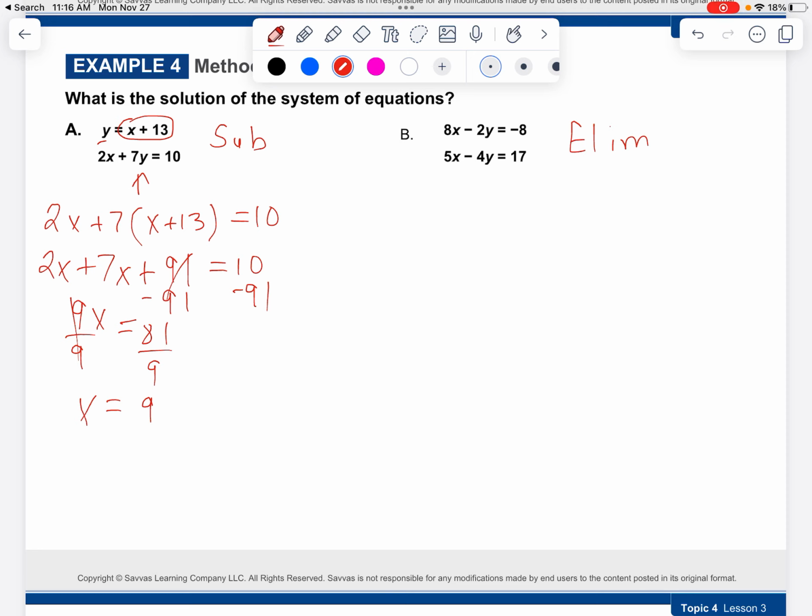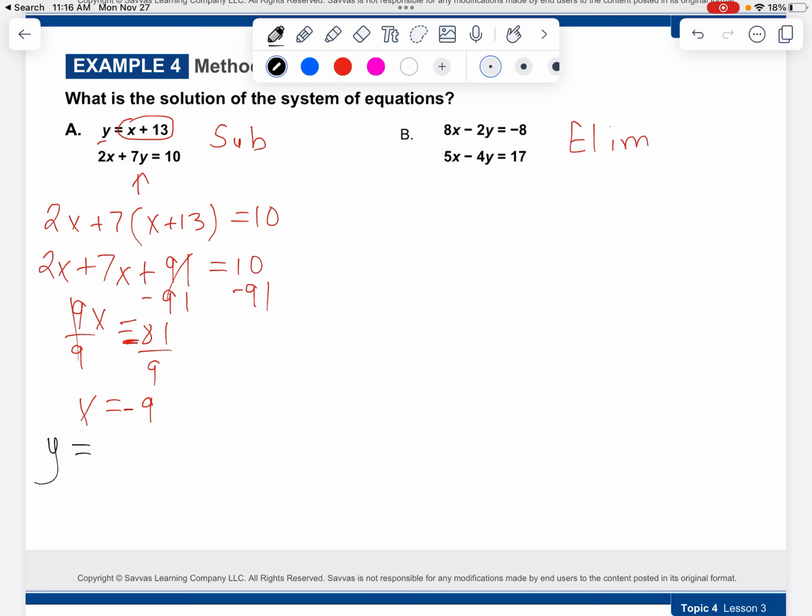And I need to fix something. 10 minus 91 is negative 81, and negative 81 divided by 9 is negative 9, which is very important because it can throw your y completely off.